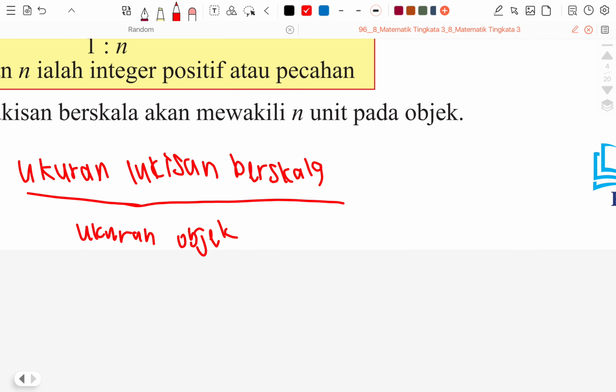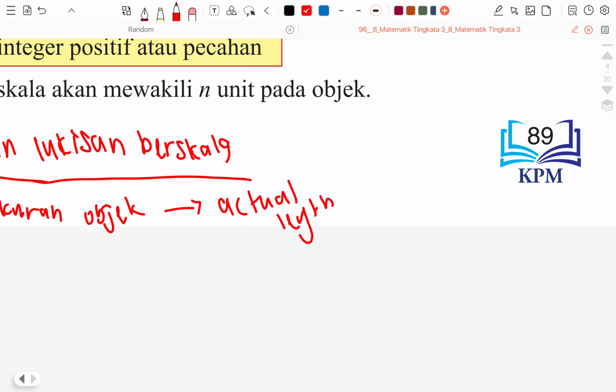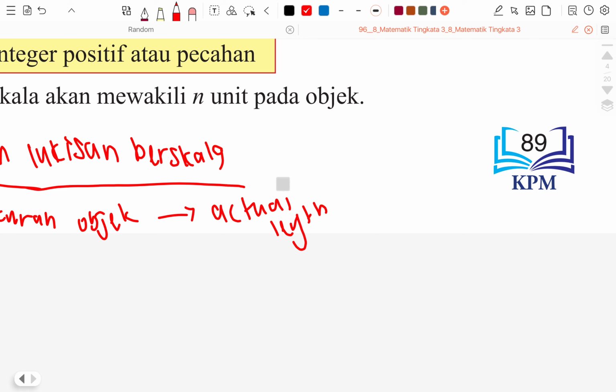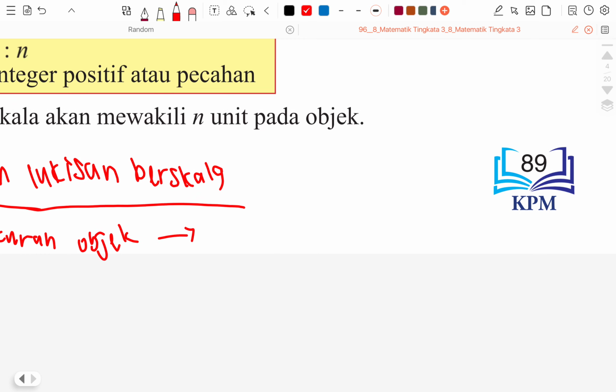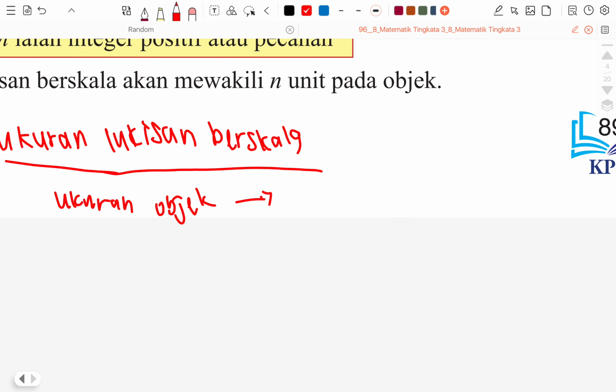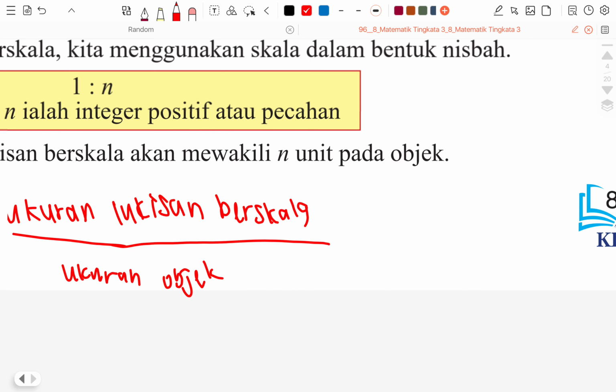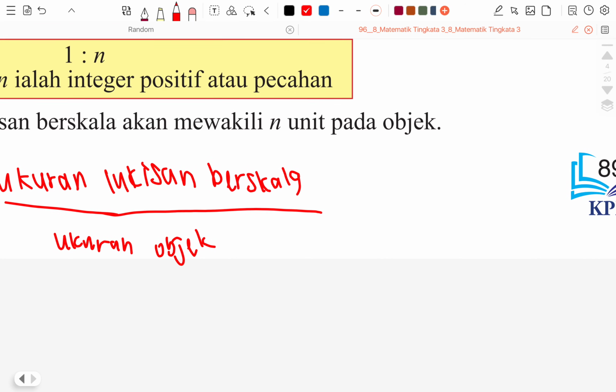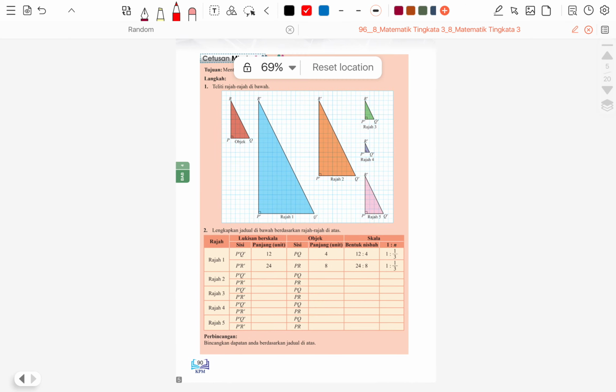So ukuran objek refers to the actual length, ukuran yang betul. Ukuran lukisan berskala is the ukuran dalam kertas, on the paper. Okay, that's all. So we're going to go through a couple of examples.